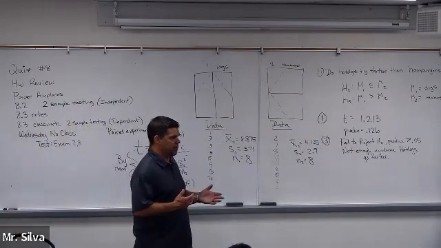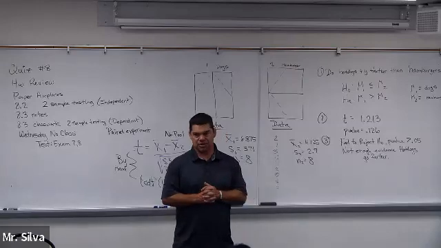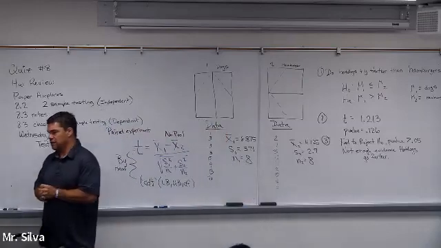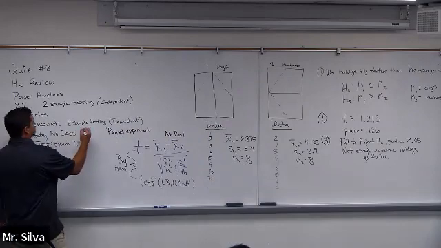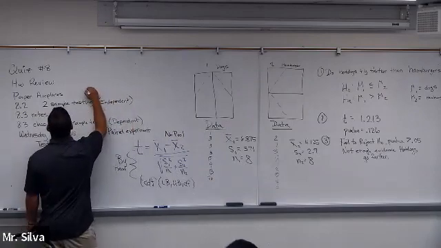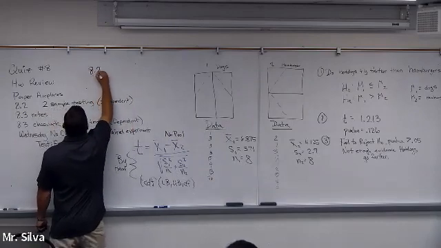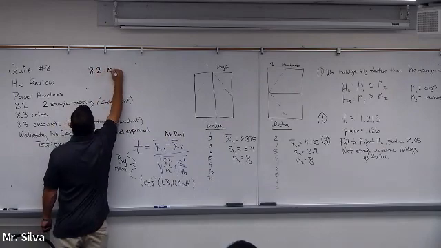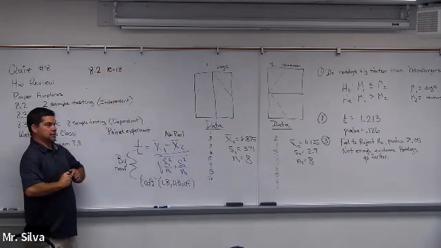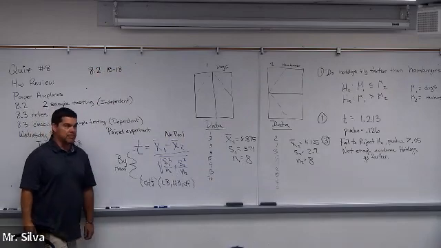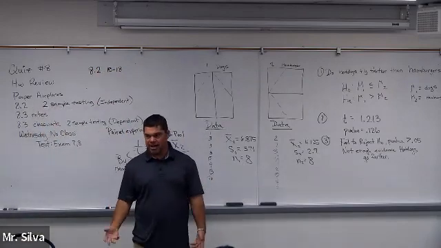Or data, comparing 2 data sets. Okay, so I assigned, I believe, today 15 through 18. So we're going to do 8.2, 15 through 18. I'm going to give you about 30 minutes because I know you may be behind a little bit on homework.